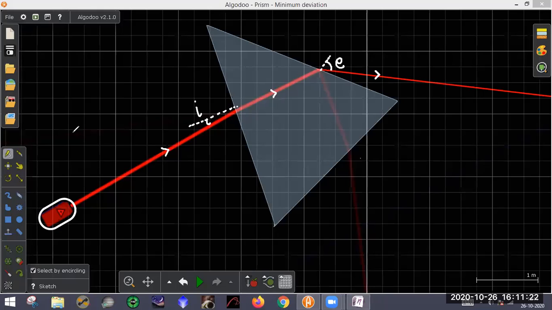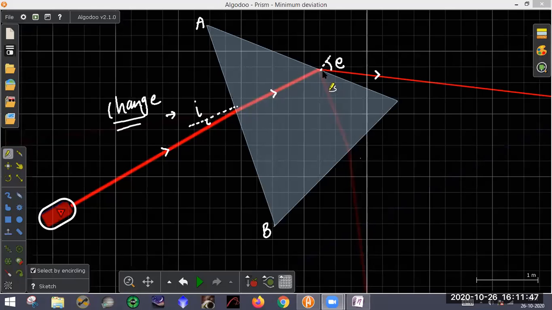Suppose we call this face AB. This face AB will turn, and that's why i will change. I hope you understand that as I turn the prism, the value of i will change. If the value of i changes, everything is going to change, and we are also going to see the deviation change on this side.